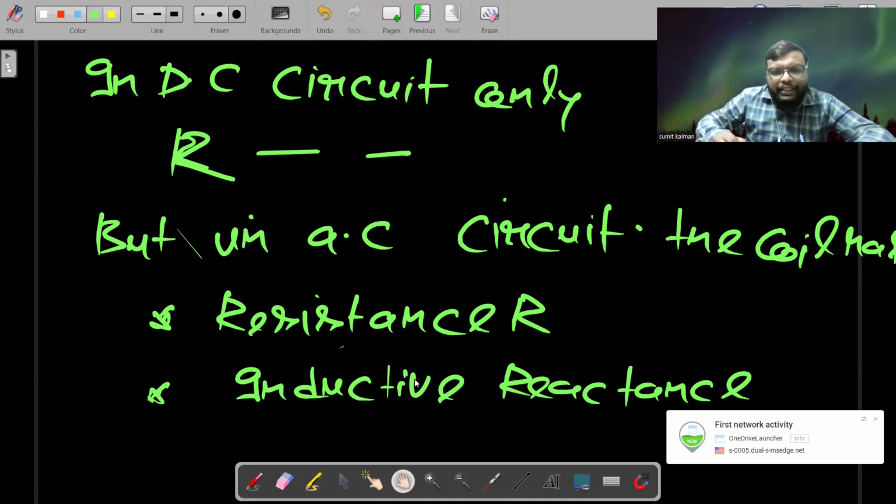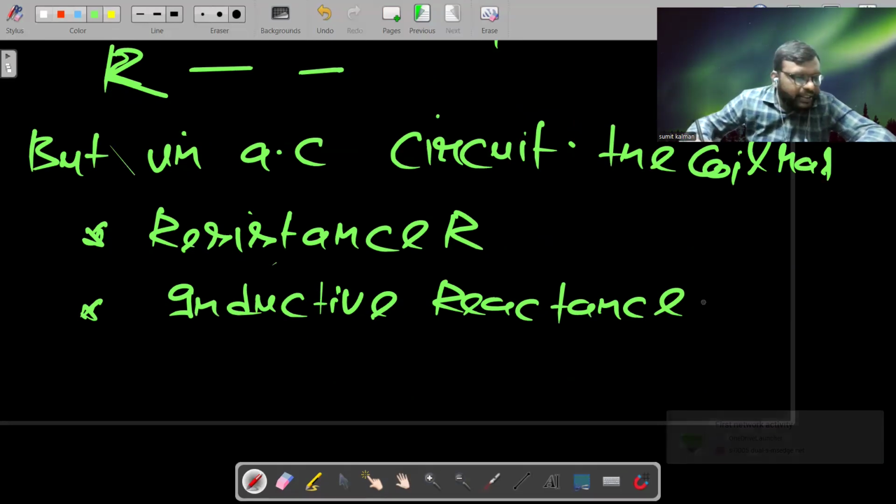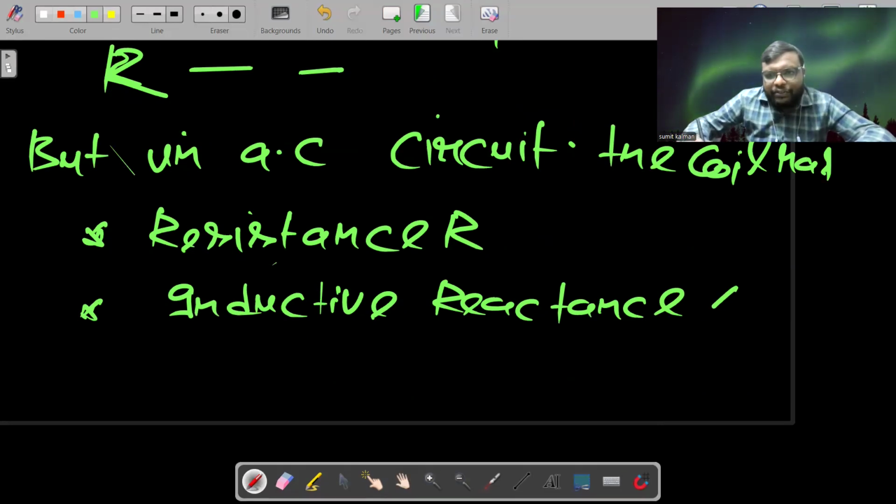Because the coil has inductance, so it has inductive reactance. We represent it by XL, and it is equal to omega L.